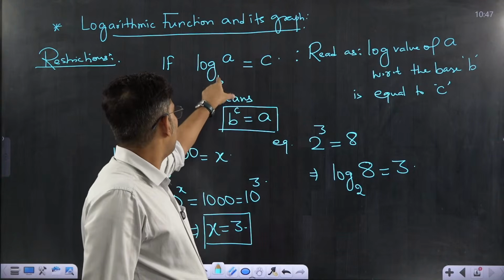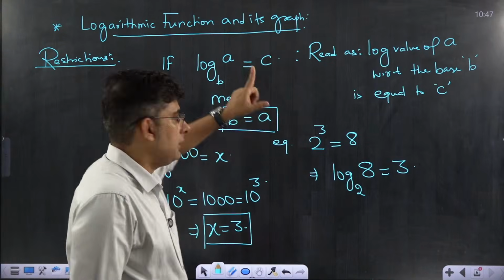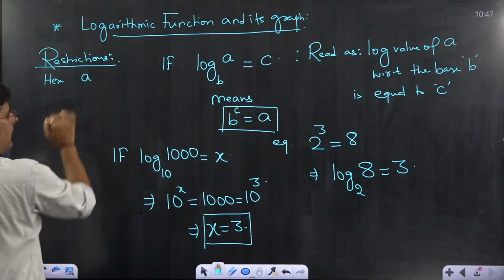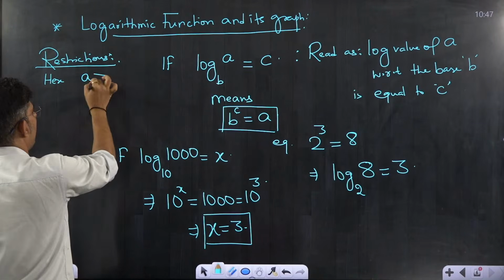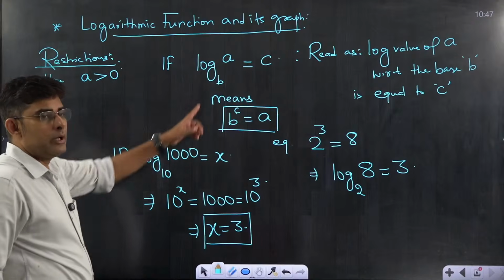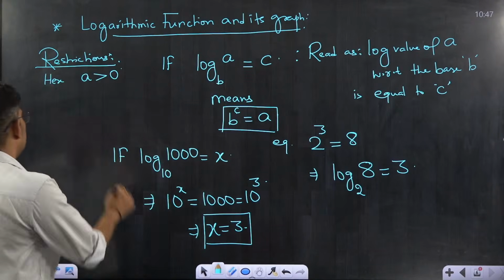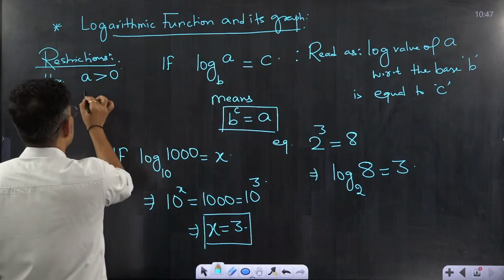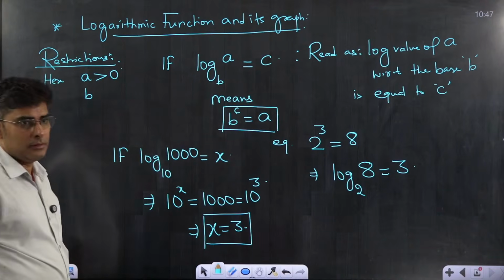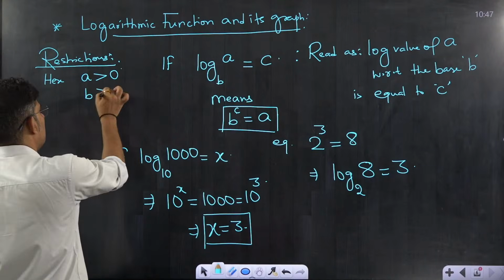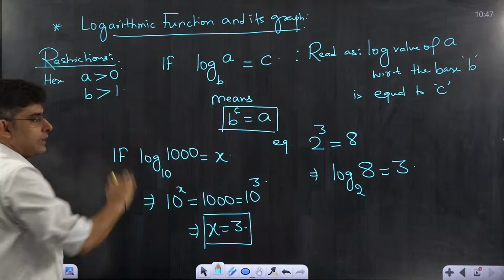When you are writing log a to the base b is equals to c, here a should always be positive. You can never have a as negative. Second thing, the base b should always be greater than 1.